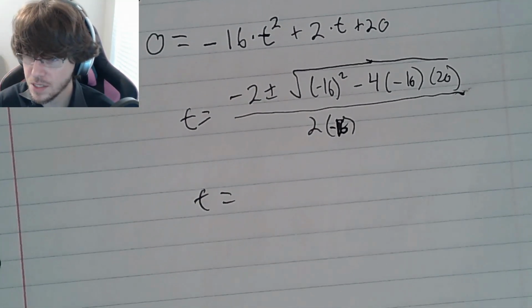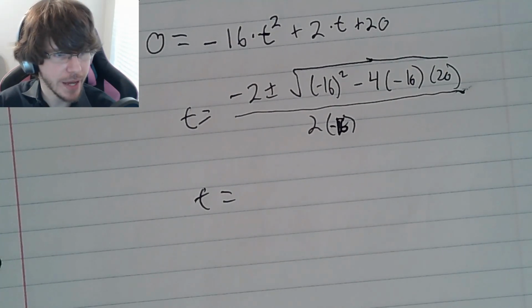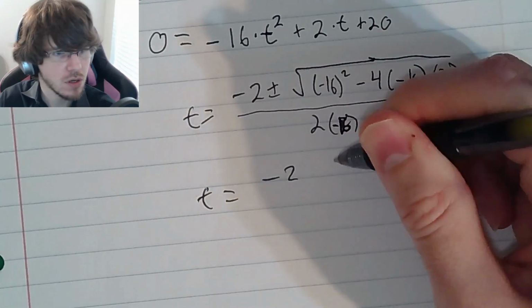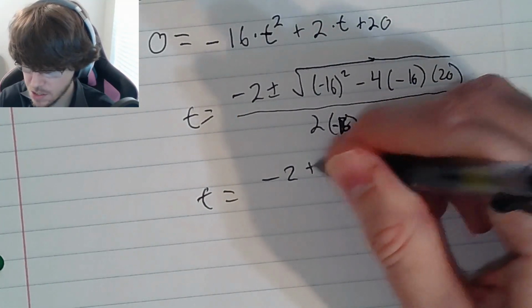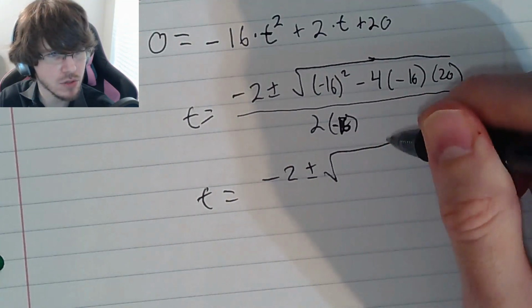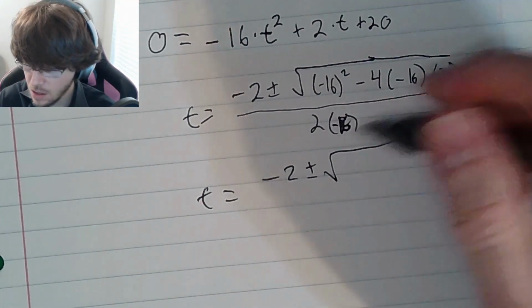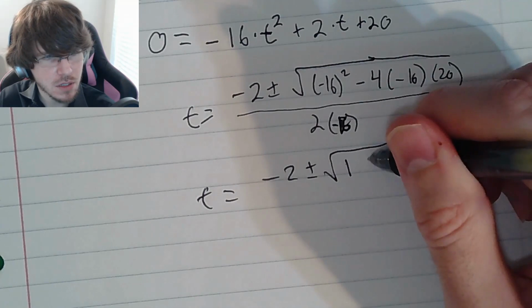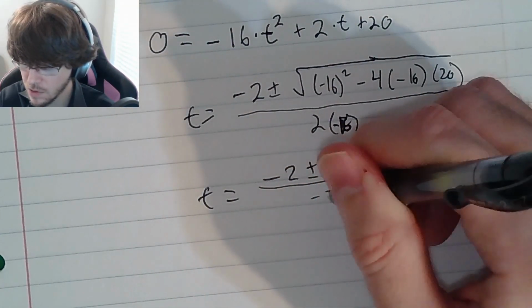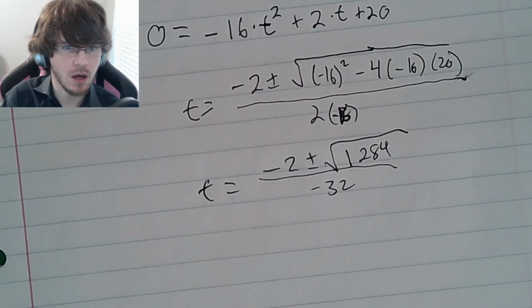That's supposed to be a negative 16. You end up getting negative 2 plus or minus the square root of 1,284, divided by negative 32. What an awful answer, right?